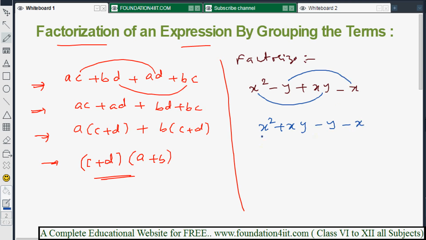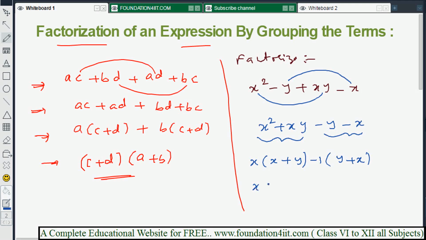Now from first two terms, x I can take common, right? Now one more x is there, plus y. Now in the next two terms there is no common, means just I can take minus 1 only as a common. So there is no numerical value, indirectly can take the 1. So I am taking negative 1. Now this is y plus x, because minus y becomes plus y, minus x becomes plus x.